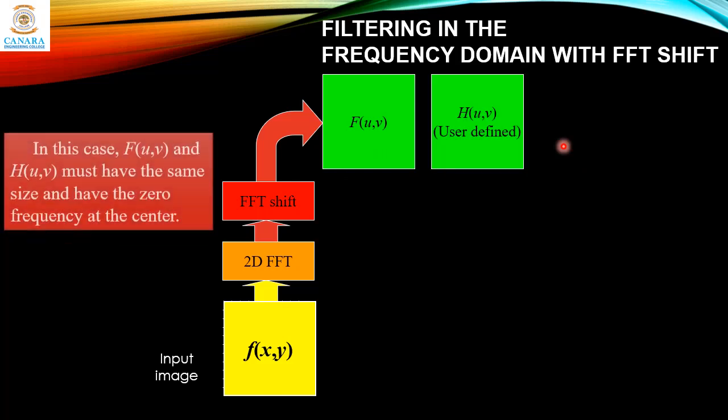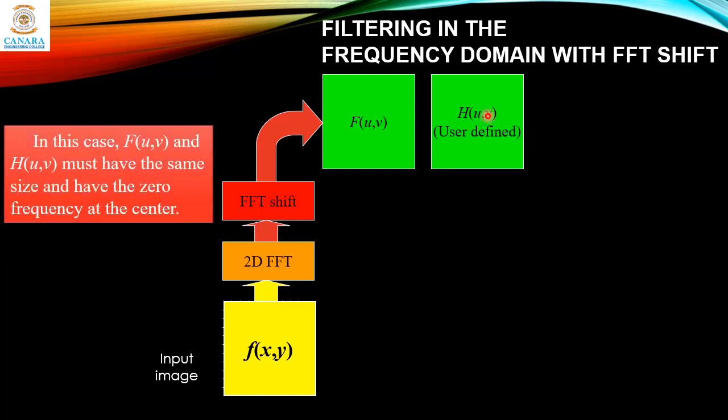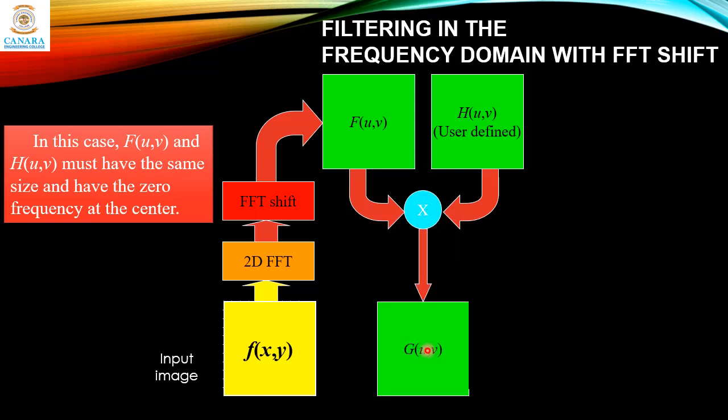And then we need to define this H of uv, which is the user defined function. Again, you can note it is capital H, so that means it is in frequency domain coefficients. Then we perform the multiplication, and then we obtain the filtered coefficients G of uv. So this is the filtered output.